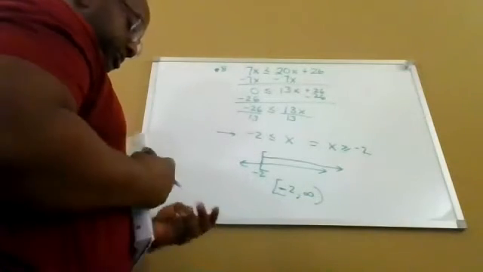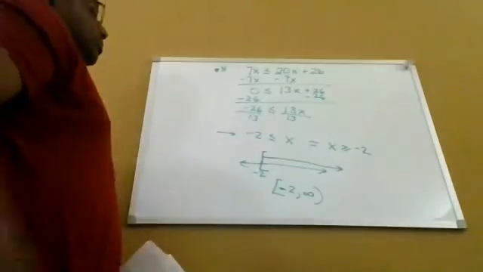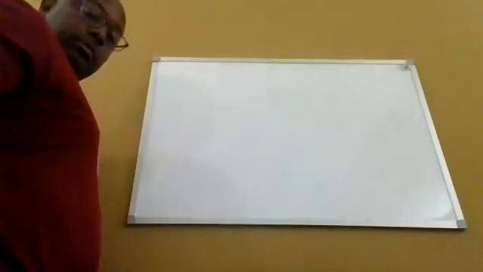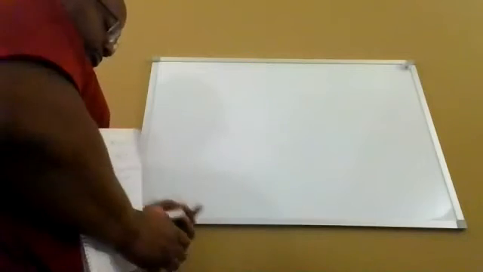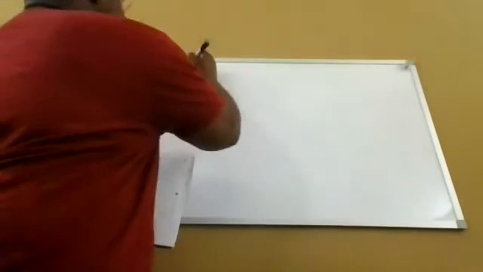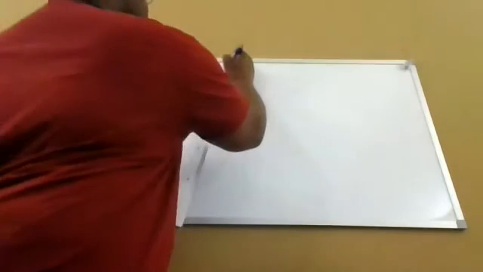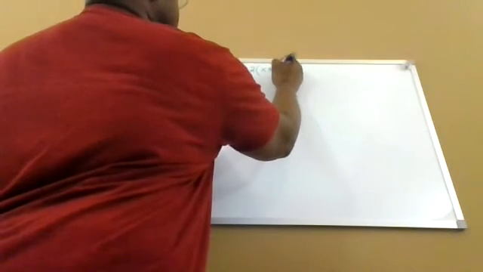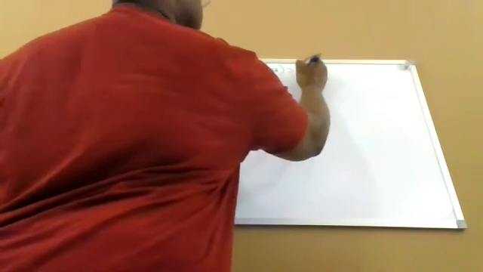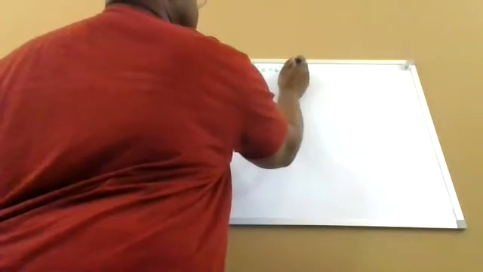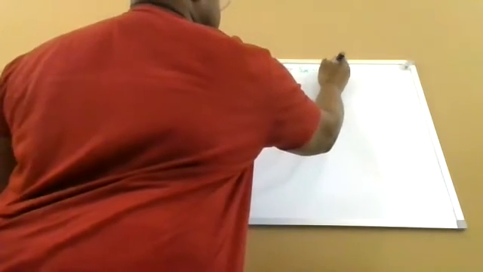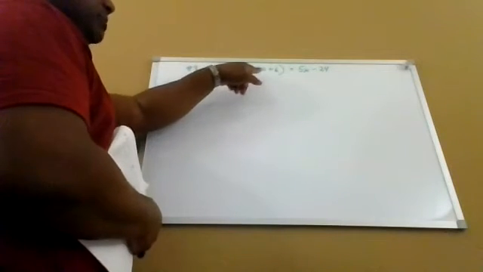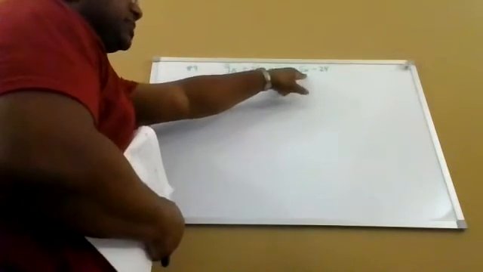Moving on to number 9. So now we have 9x plus 2 times x plus 6 is greater than 5x minus 24.